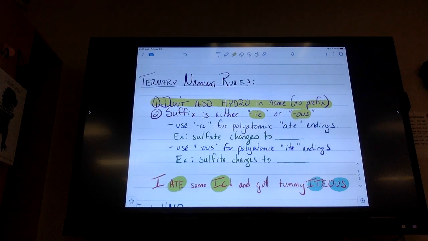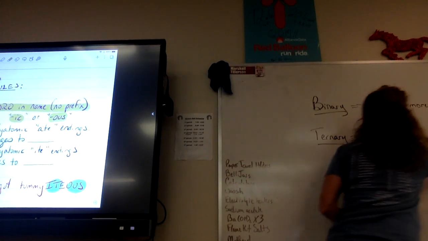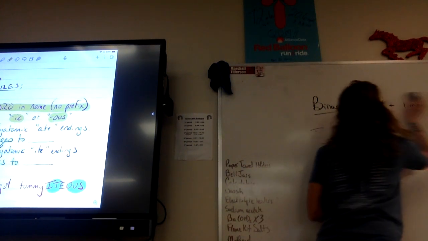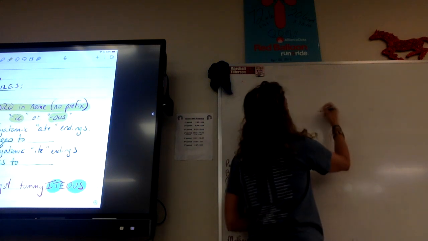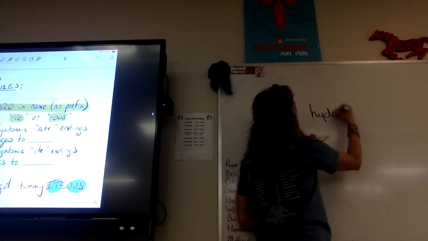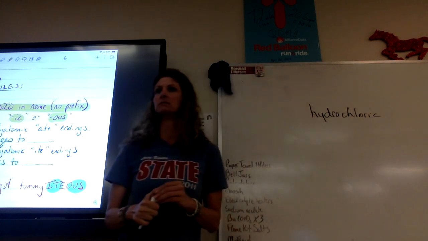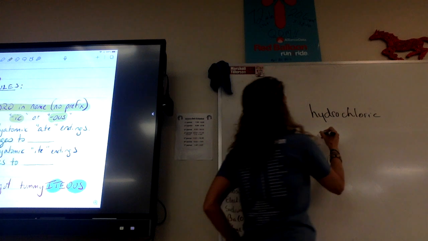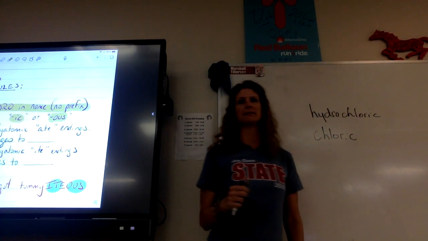And there's two things wrong with that. Look at the difference between this and this. This is hydrochloric acid. That's a valid acid, right? This is also a valid acid: chloric acid.